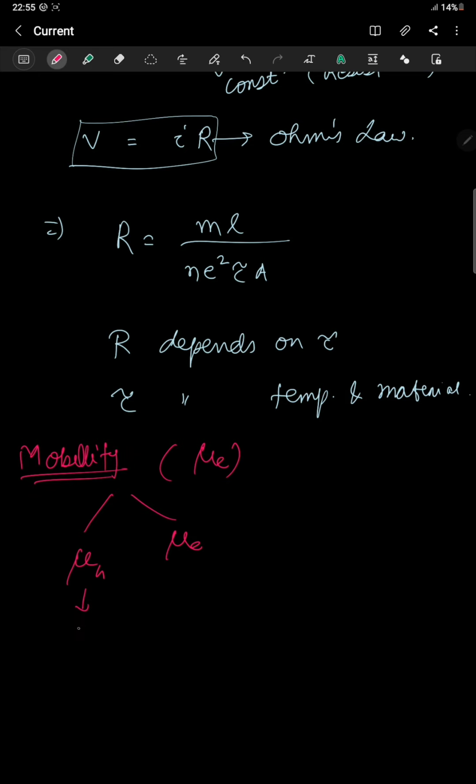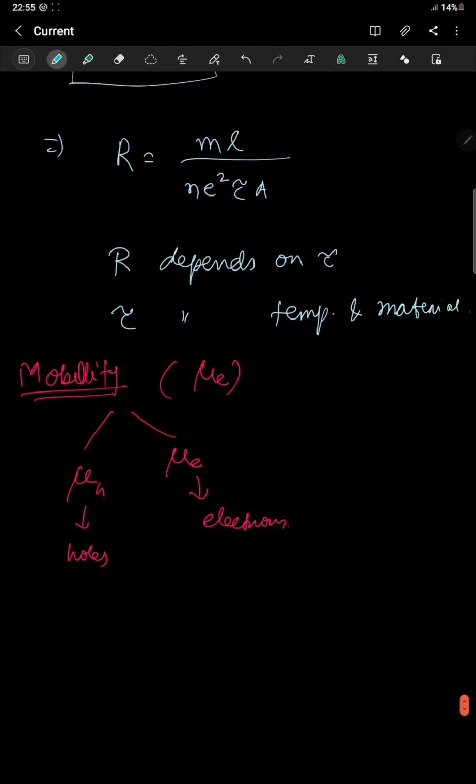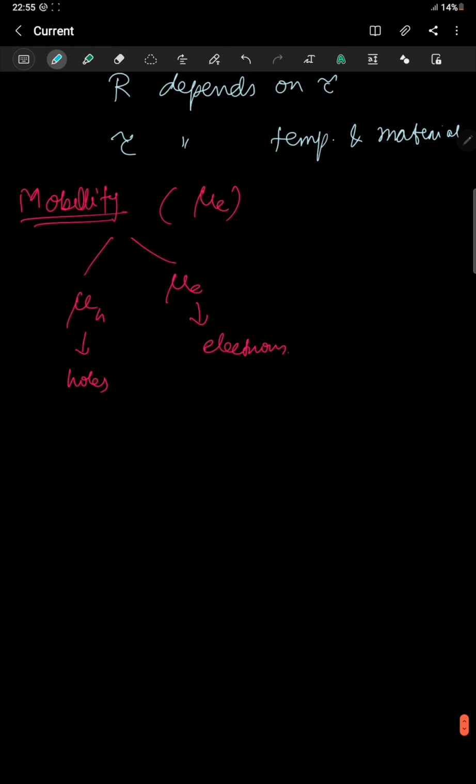So mu h is your mobility for holes or positrons, and this is for your electrons. So we will consider mu e here. How is mobility defined? It is defined as drift velocity per unit electric field.